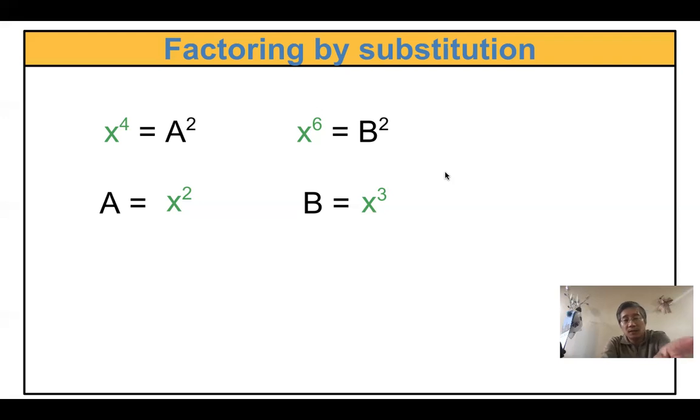So when you have x to the fourth power, if it is a squared, then a is half of the power, which is x squared. If x to the sixth power is b squared, it can be a, it doesn't matter, then b will be half of the power, which is x to the third power.